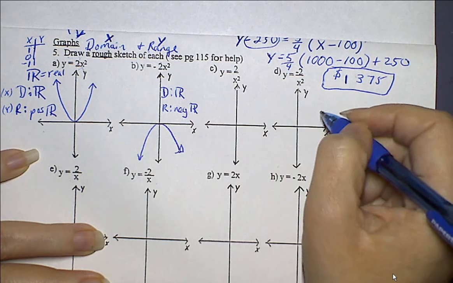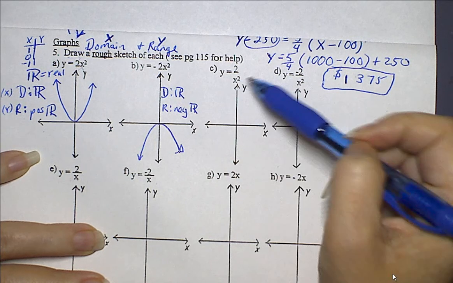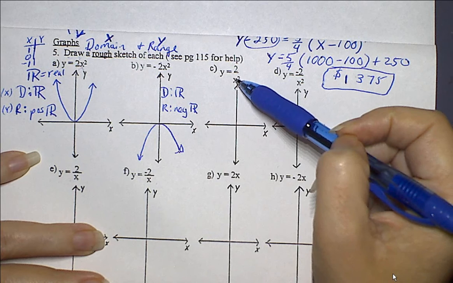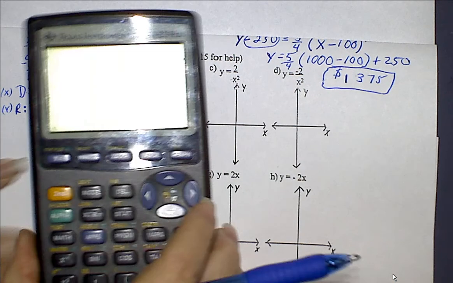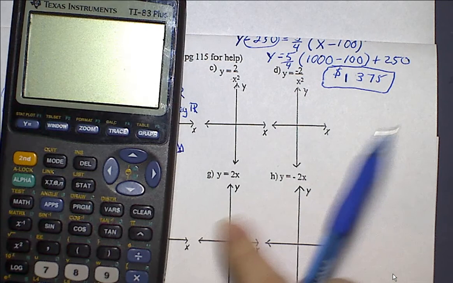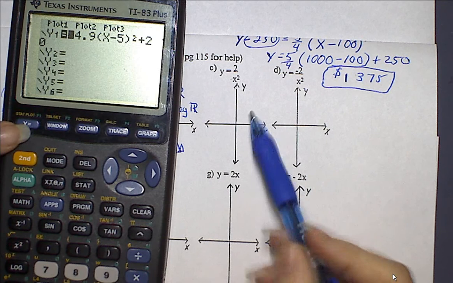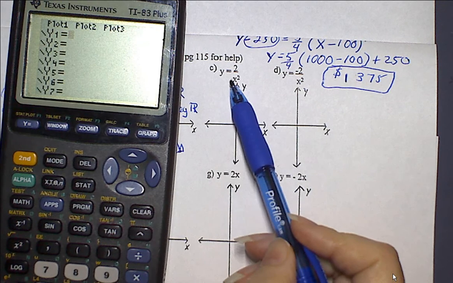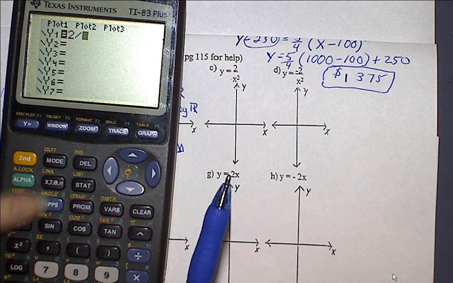Then you have y equals 2 divided by x squared. Well, if you have a graphing calculator, you would throw that into your calculator. And again, just in case you don't remember how to use this calculator, you go to y, and I have to clear that out, so you have y equals 2 divided by x and then square.